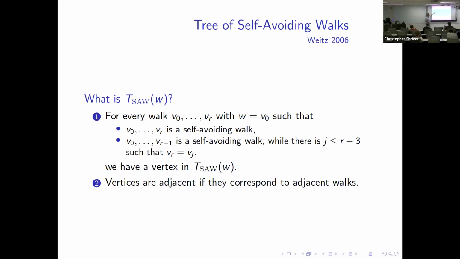For each one of these walks, we have a vertex in T of W, and this is the vertex set of T of W. What is the edge set? Two vertices in T of W are adjacent if the corresponding walks are adjacent, meaning one extends the other.